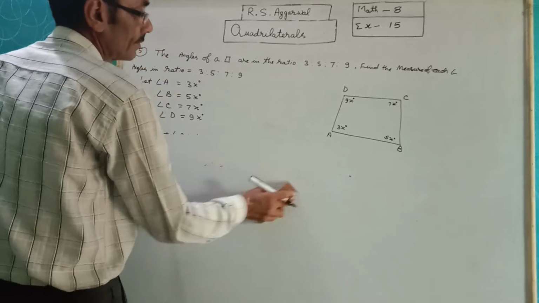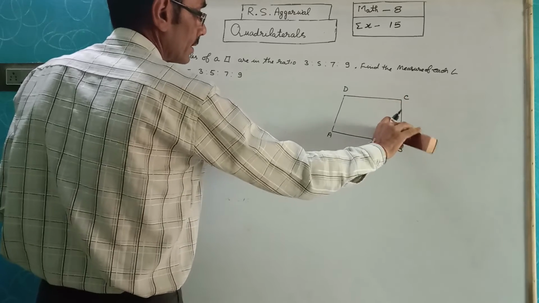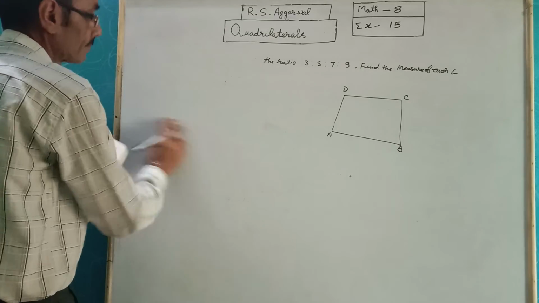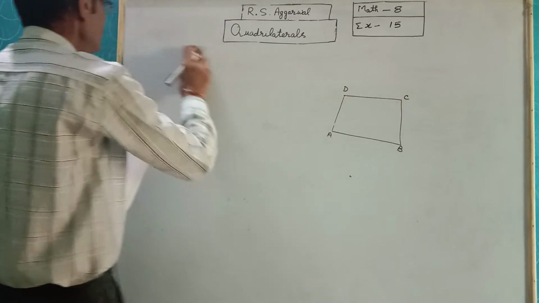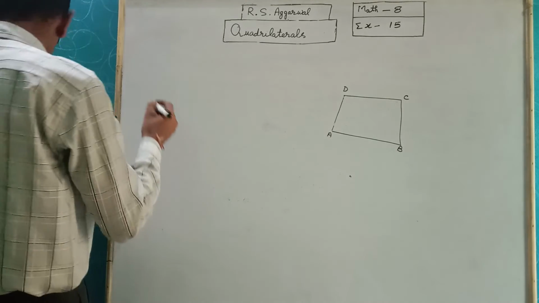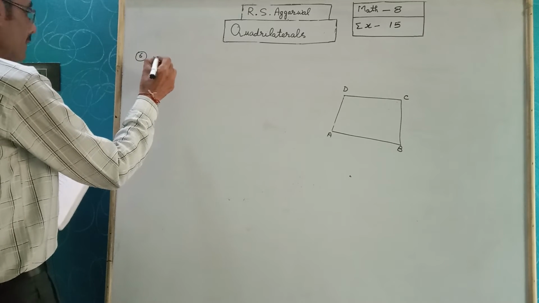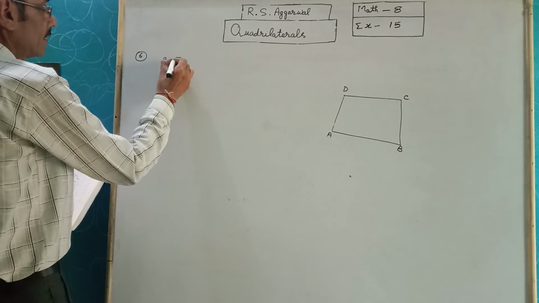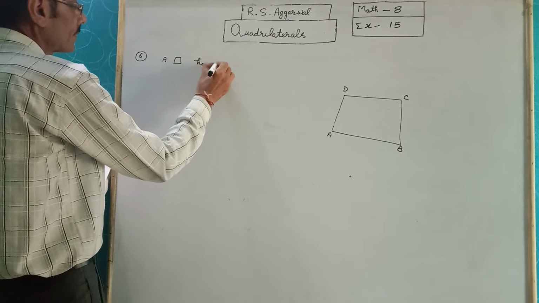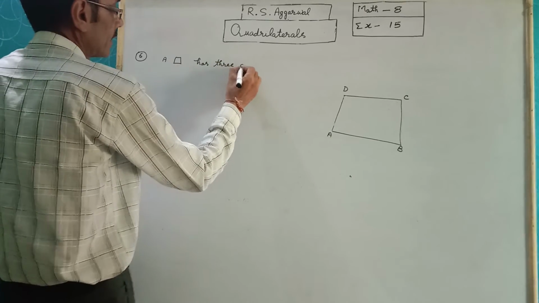6th question, draw a figure. Question 6: a quadrilateral has 3 acute angles.